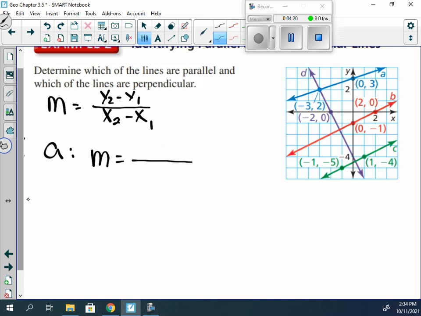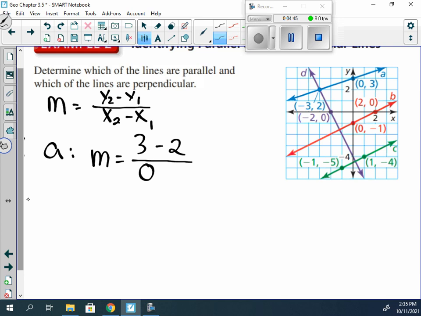So we can do 3 minus 2 or 2 minus 3, because we definitely need the 2 y values on top. Now, the x values that go on bottom have to correspond to the ones we picked. Because we put 3 first, what is the x value that goes along with 3? Because the point is 0, 3.